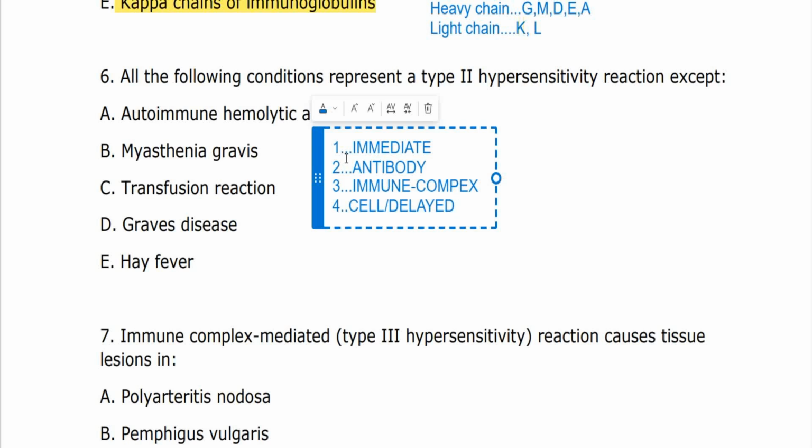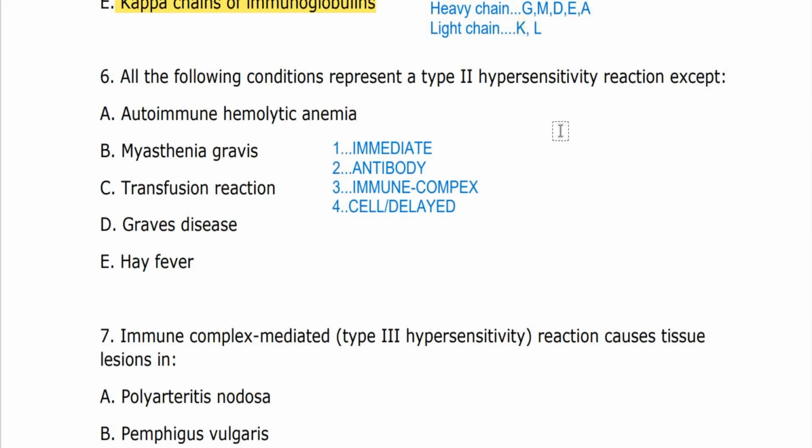So let's see. All the following are conditions representing type 2 hypersensitivity reaction except A. Autoimmune hemolytic anemia, myasthenia gravis. Autoimmune hemolytic anemia is due to antibodies, and that's why you can detect them with Coombs test, direct or indirect. Myasthenia gravis antibodies are formed against acetylcholine receptors at the neuromuscular junction. Transfusion reactions are due to preformed antibodies, ABO incompatibility.